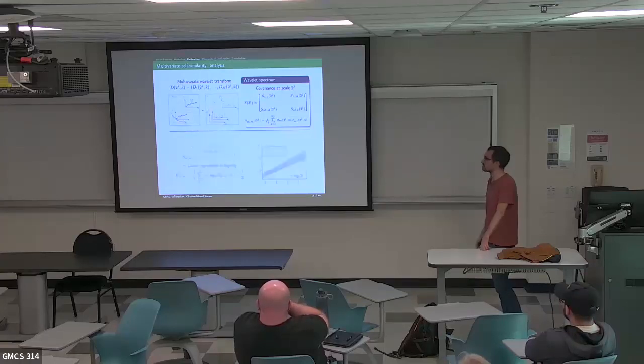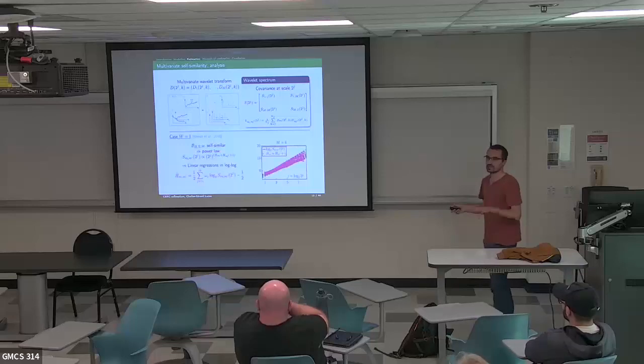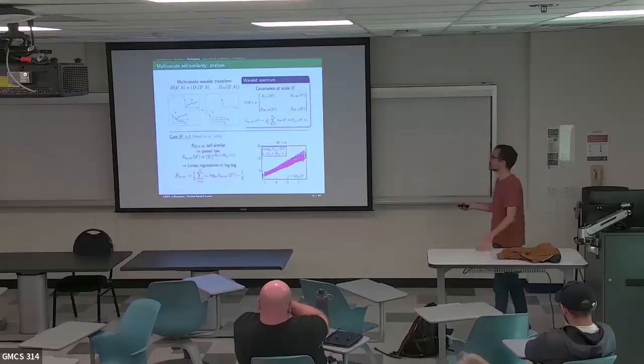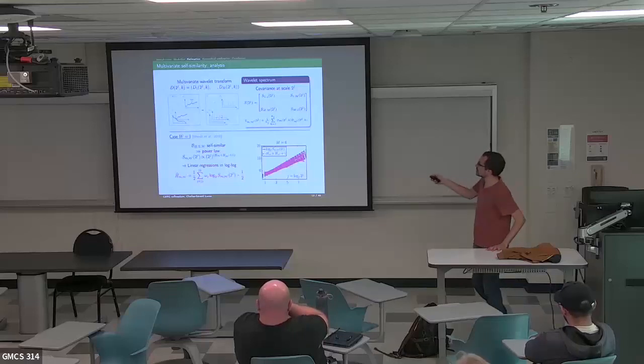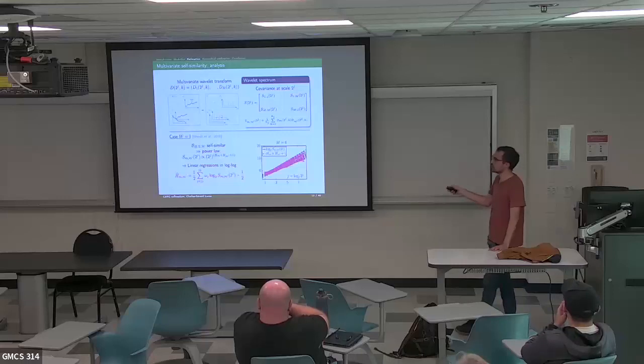And it has good behavior since, in absence of mixing, if the process is self-similar, each coefficient of the wavelet spectrum will have a power law behavior with respect to scale, with exponent depending on two self-similarity parameters. And thus, in a log-log diagram, we have m times (m plus 1) over 2 linear functions.